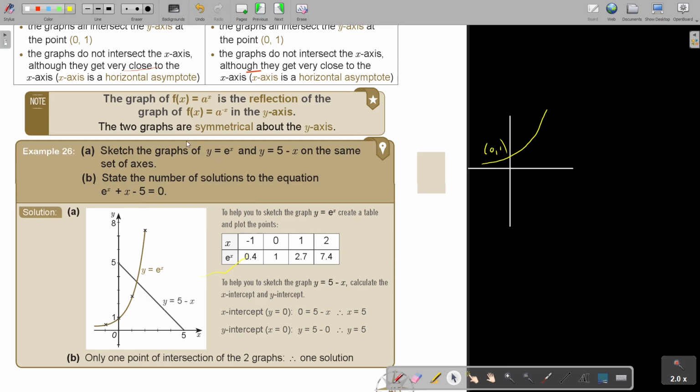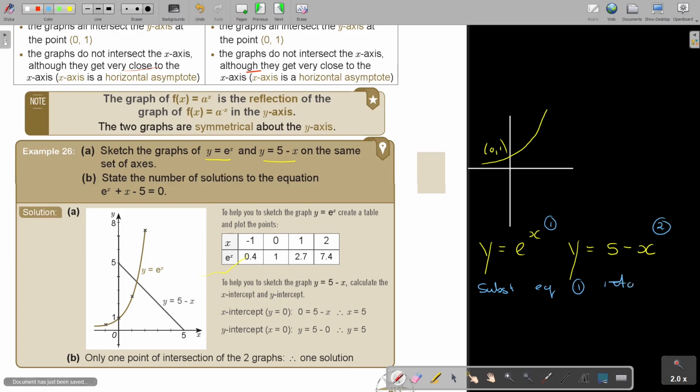Now, do you see, basically they solved this simultaneously. Say this was e^x, and this was 5 - x. This was equation 1, and this was equation 2. And then substitute equation 1 into 2.